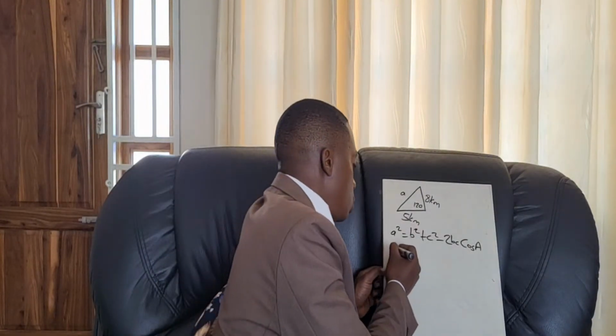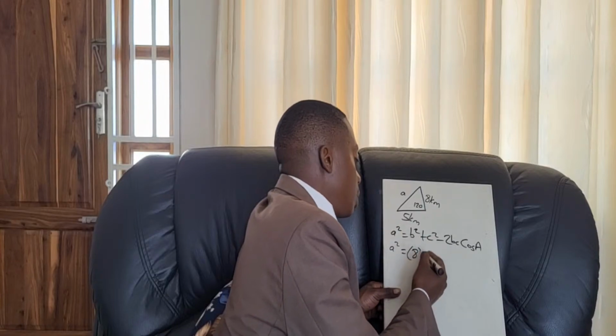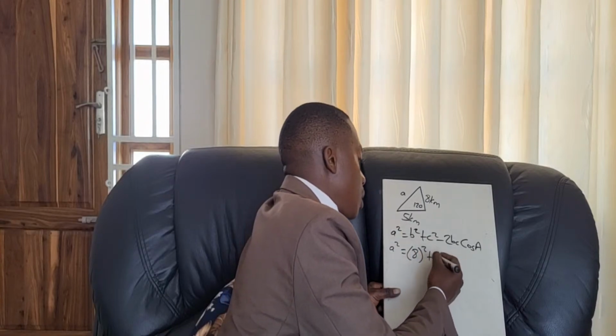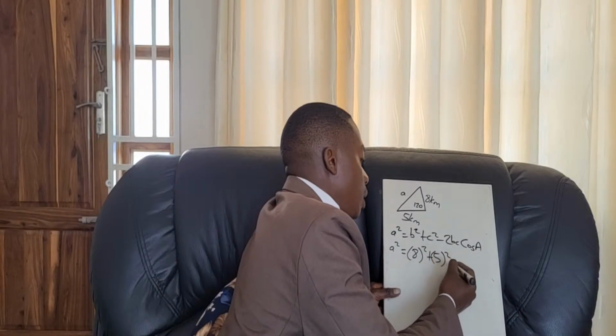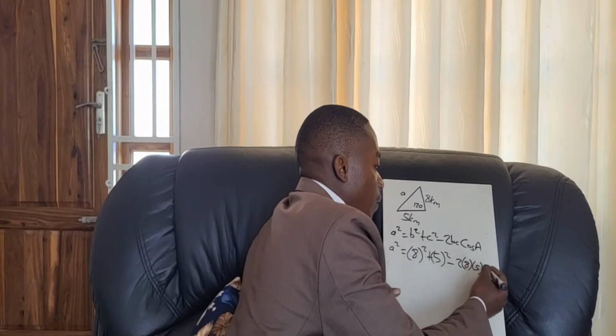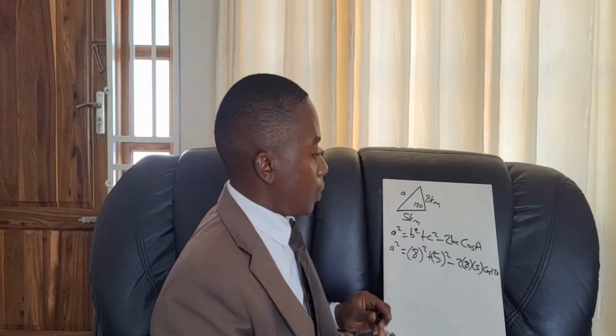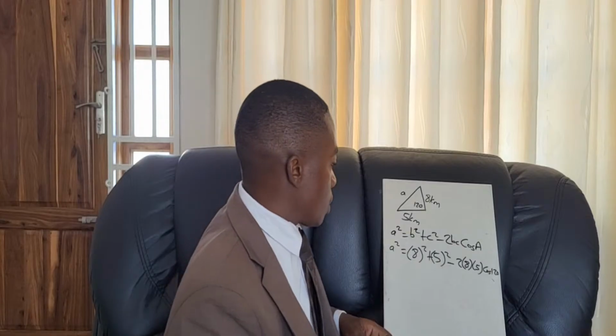So a squared is equal to 8 squared plus 5 squared minus 2 times 8 times 5 cos 120. Like this.